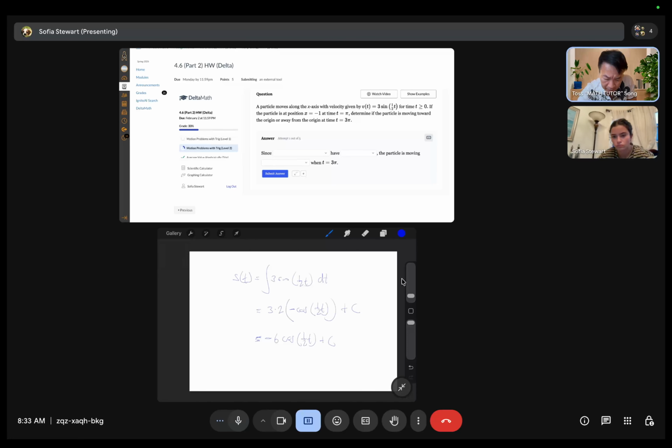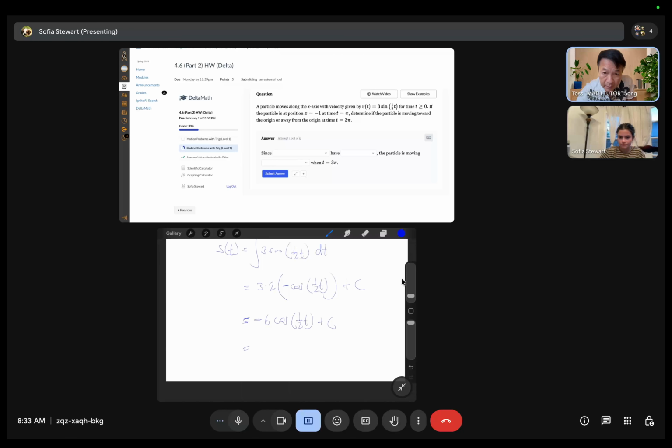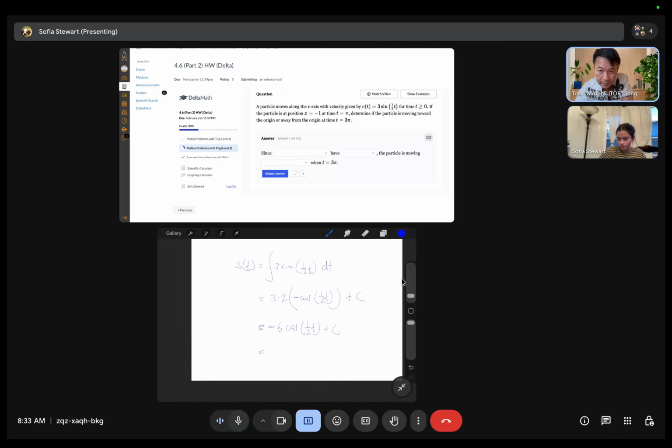Now we're going to go ahead and solve for c. They gave you the position: the particle is at position x equals -1 at t equals pi. So I'm going to do -1 here and solve for c.